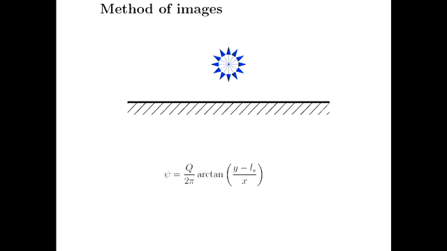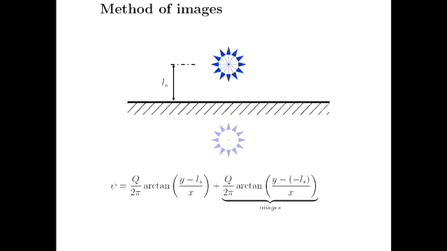If I consider a source that's located some distance ls from where I want my solid boundary to be, if I look at the streamline pattern associated with that source on its own, those streamlines are just straight lines issuing radially outwards from that source. The method of images suggests that all I have to do is add another source, a distance ls below where I want that solid boundary to be.